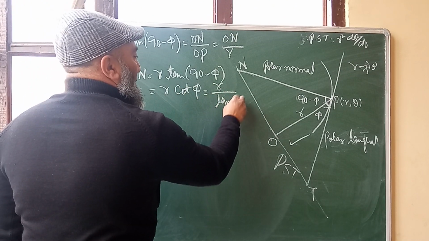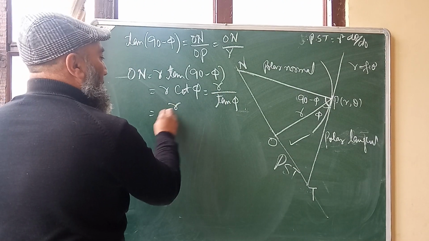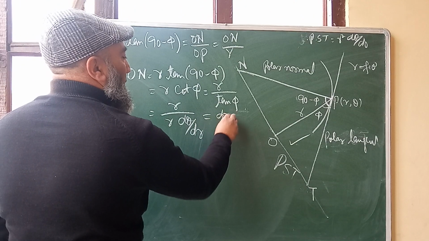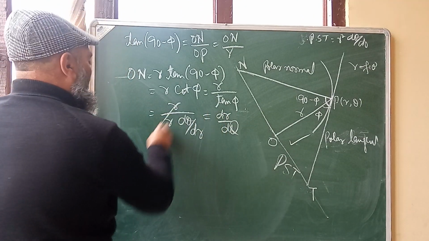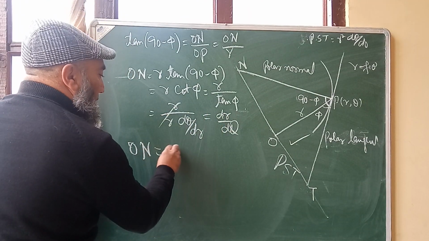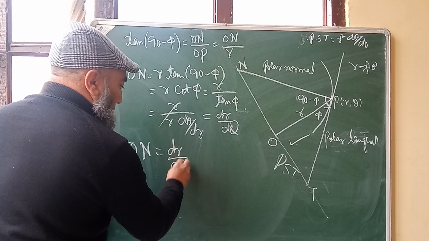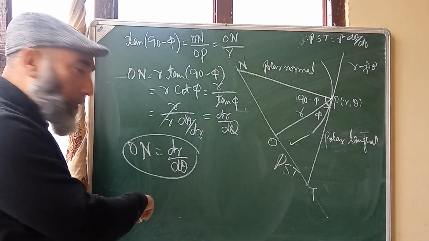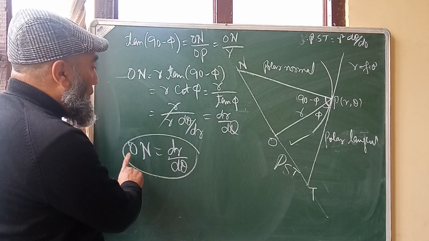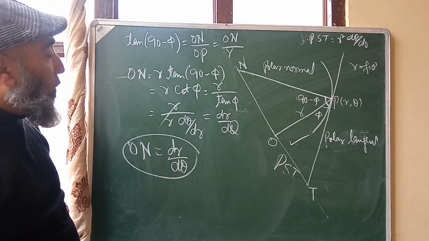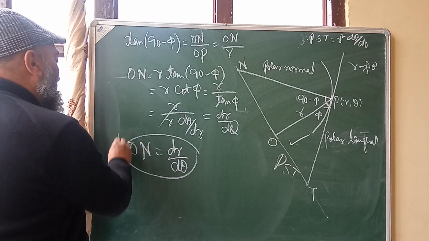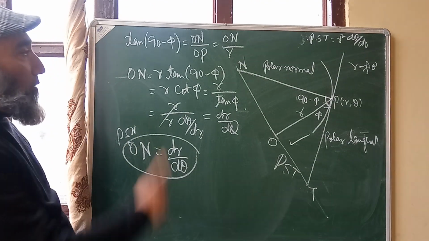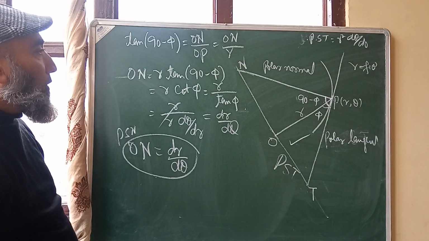It is 1 by tan phi. And tan phi is r d theta by dr. So this is nothing but dr by d theta. So the length of the polar subnormal ON is dr by d theta. Remember it once for all. Now I have to find only the length of the polar normal.